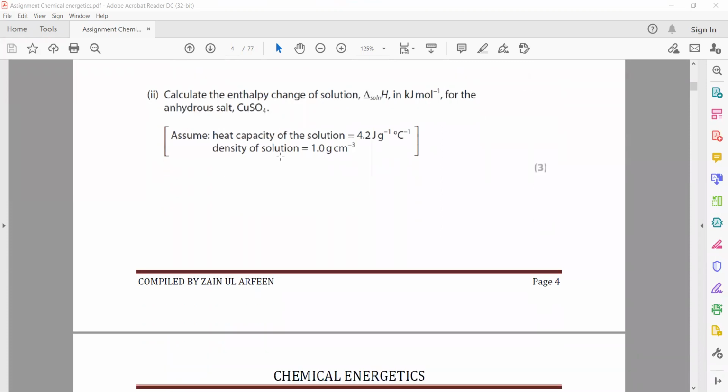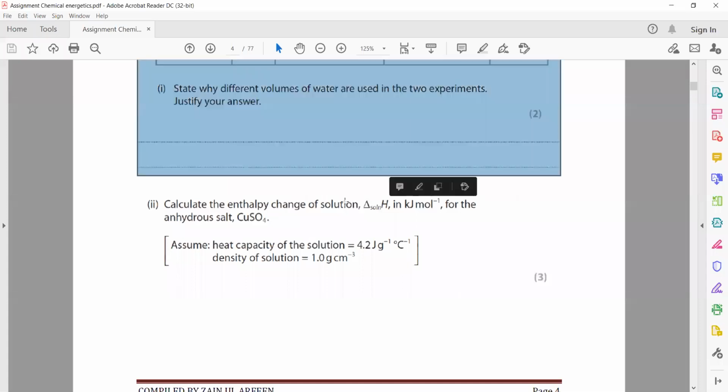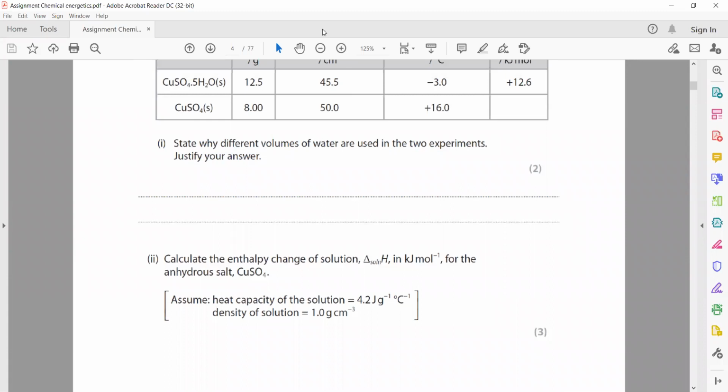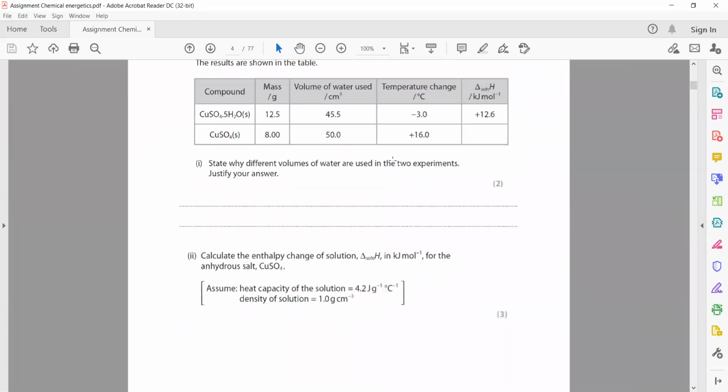Next question: calculate the enthalpy change for solution in kilojoule per mole for anhydrous. Assume that the specific heat capacity of the solution is 4.2 and the density of the solution is 1 gram per cm cubed. So we can consider the volume and the mass to have the same value.